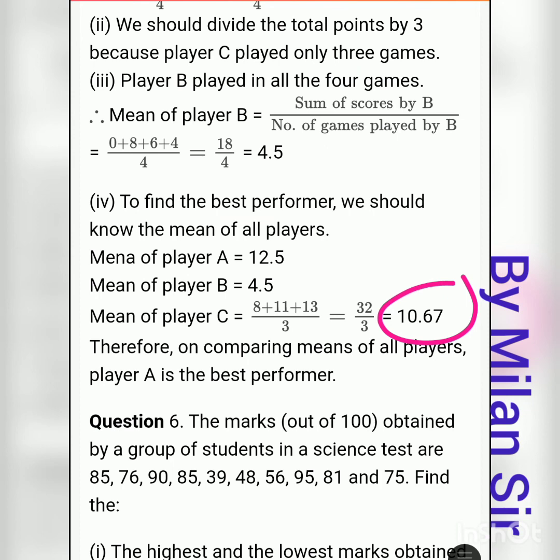Now we need to check all the 3 answers. Mean of player A is 12.5, mean of player B is 4.5, mean of player C is 10.67. So here the highest answer is 12.5.